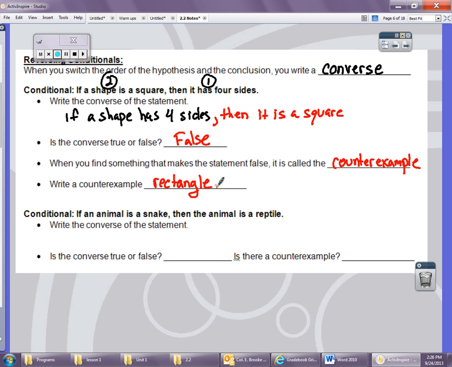So if we have our conditional, if an animal is a snake, then the animal is a reptile. Well, the converse, if an animal is a reptile, then it is a snake.